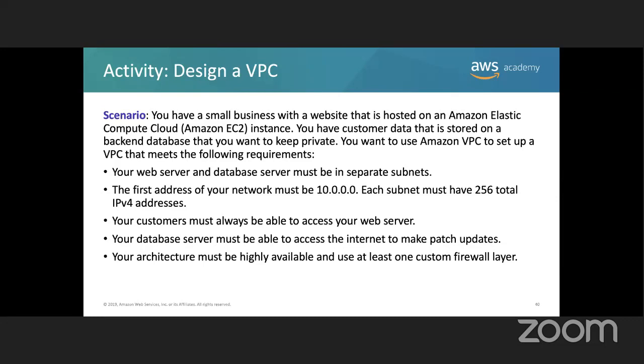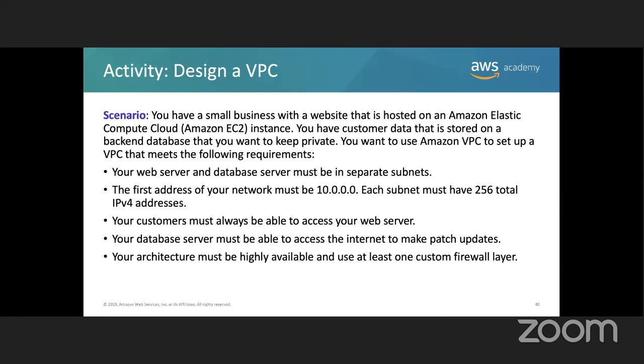Remember, they don't have any entry that points to the internet gateway. They have the NAT gateway, but not the internet gateway. The one that has access to the internet through the internet gateway is the public subnet. This one is in the private subnet.